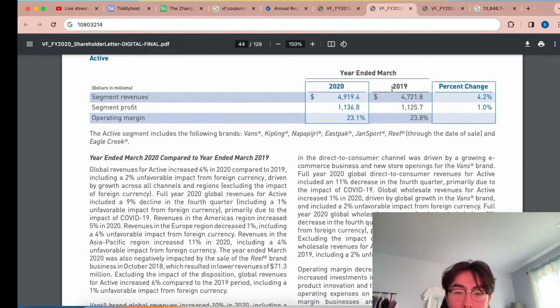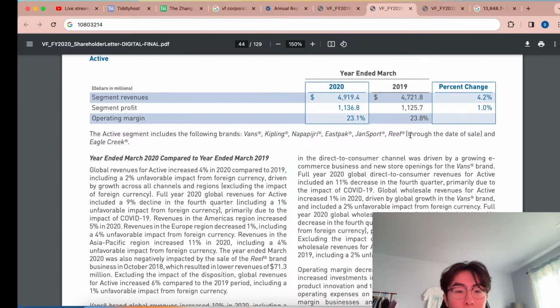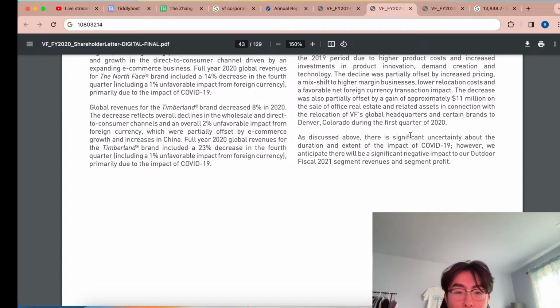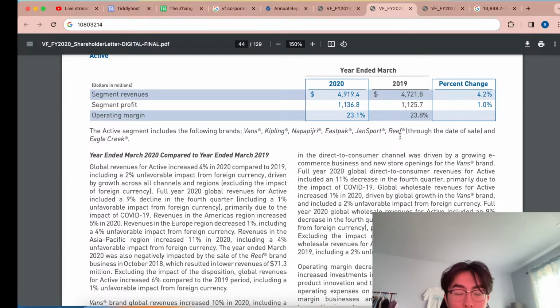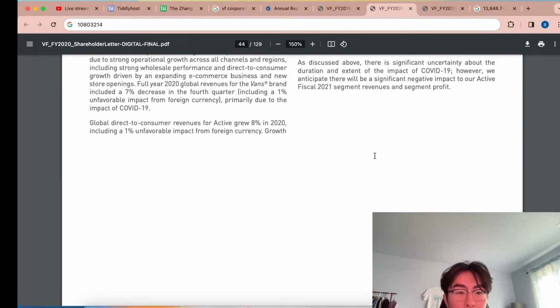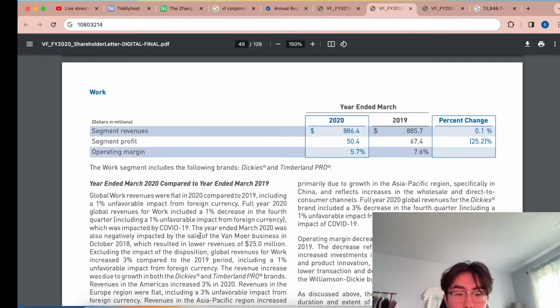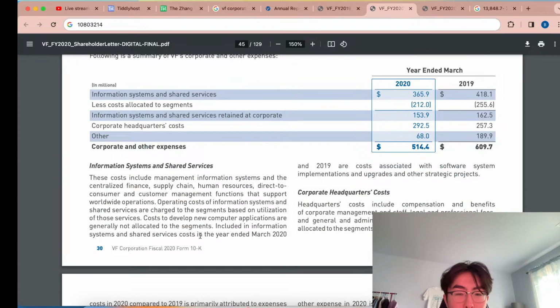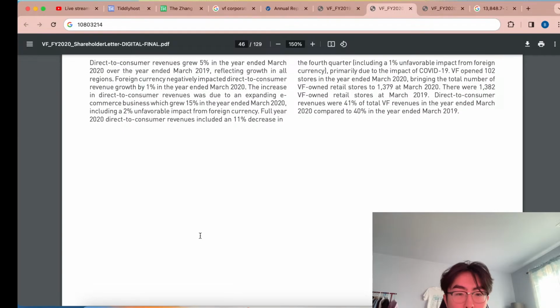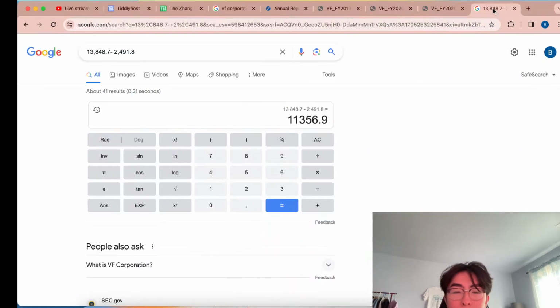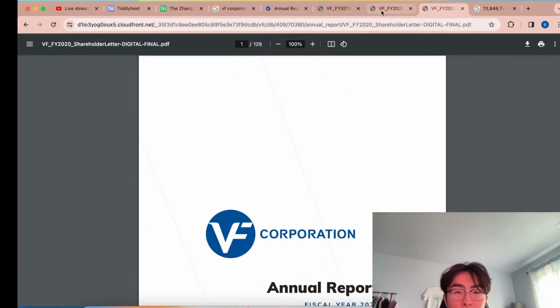Okay, so maybe some revenues from Reef was also taken out. So Reef, Eagle Creek, Dickies. So that's 11 billion. Was Reef really responsible for 1 billion in sales? I don't think so.